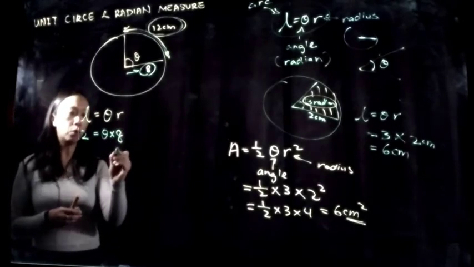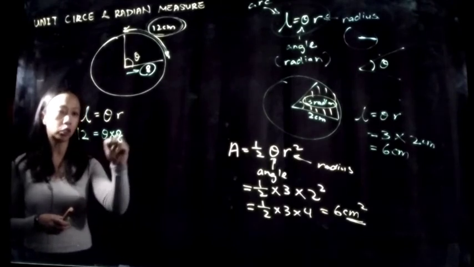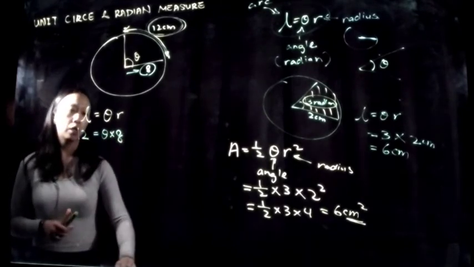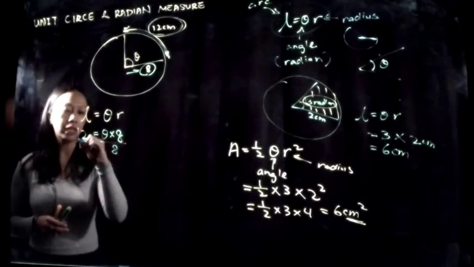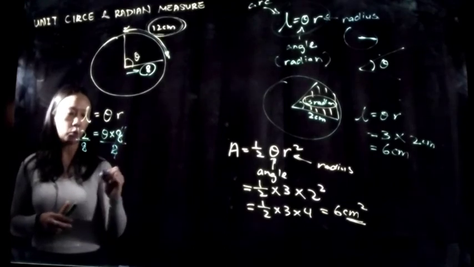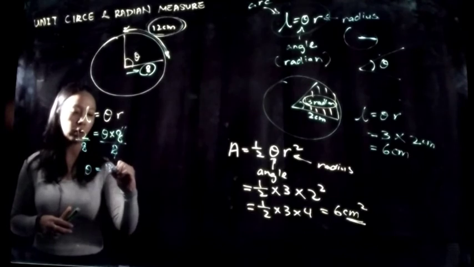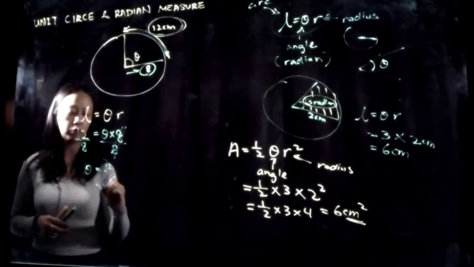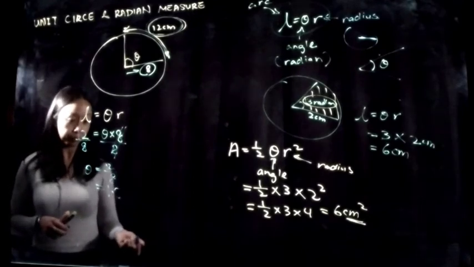So how do we move 8 to this side? We need to move 8 to this side so that we can find the theta. In order to do that, we divide both sides by 8. We can cancel this and we can see that this is the theta. So theta equals 12/8, or if you want to simplify this, theta equals 1.5 radians.